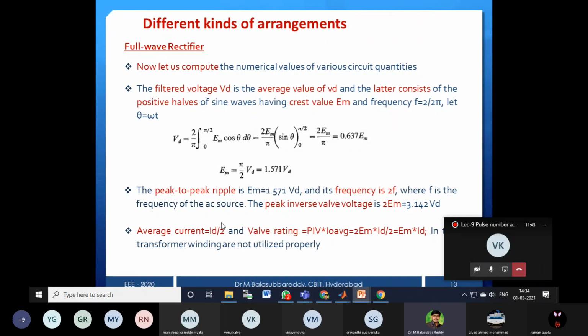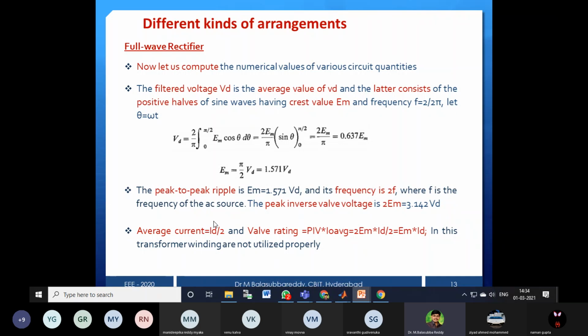In this case we can see the average current is Id by 2 because two valves are there. Valve rating means you have to decide the valve rating of the converter as a product of peak inverse voltage into the average load current, IO average.